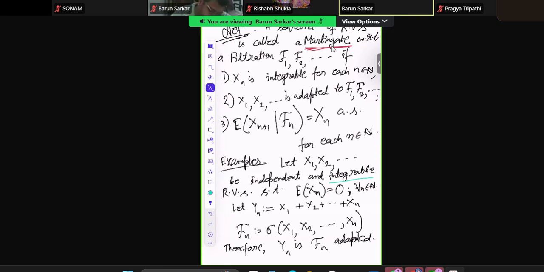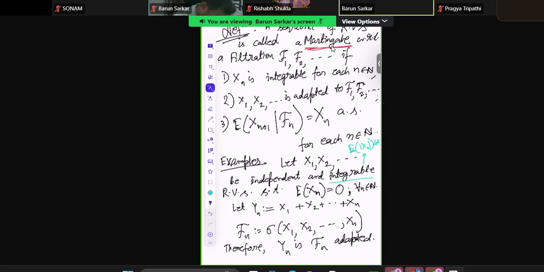The expectation of xn being zero is fine, but the integrability definition is that the expectation of mod xn is finite. It does not say that the expectation of xn is finite. So this is the integrability definition.